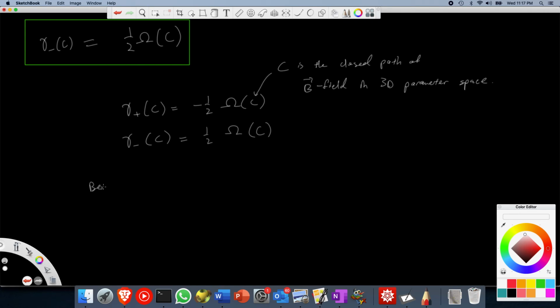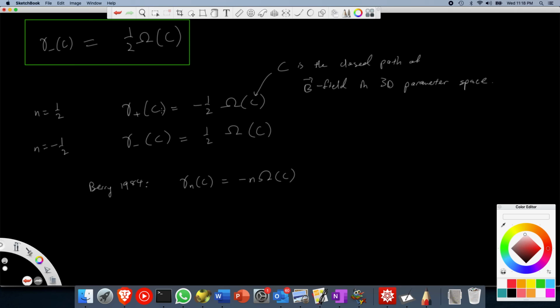In Berry's 1984 paper, he calculated the Berry phase for a general spin S eigenstate, and he found that the Berry phase of a spin n eigenstate equals minus n times the solid angle. So you can see that in this case n equals minus half because it's a spin down, and we are talking about spin half systems here, and this is the spin half up, positive.